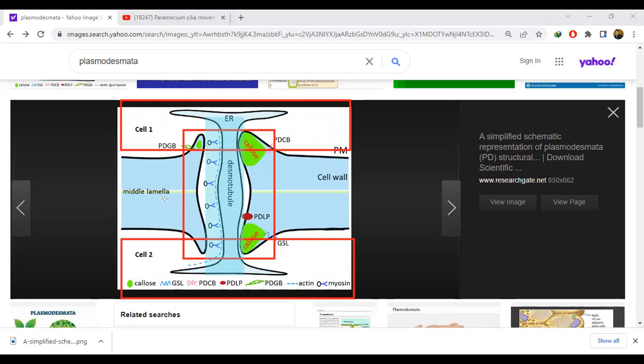Through this bridge-like structure, materials in cell 1 can go into cell 2, and materials in cell 2 can go into cell 1.